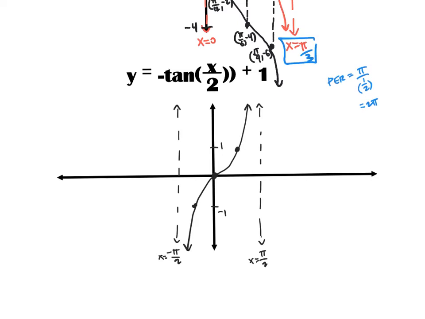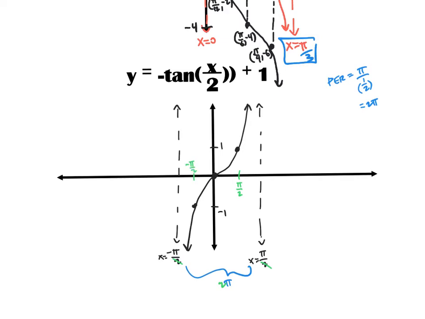I'm going to double it. Right now this distance is pi units. I want it to be 2 pi units. So if I multiply these by 2, I'd go from -pi to pi, which would make these values, instead of pi over 4, become pi over 2 and -pi over 2.